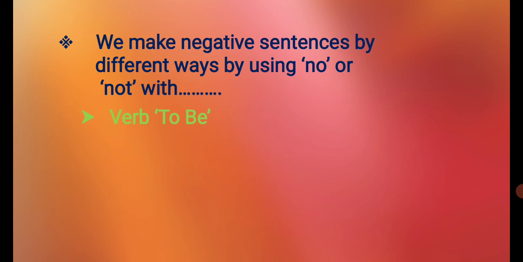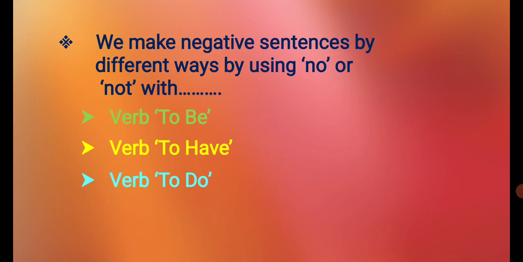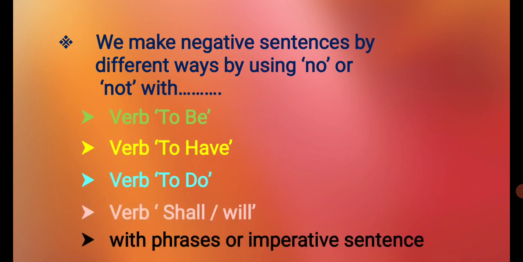We make a negative sentence by using no or not with verb to be, with verb to have, with verb to do, with verb shall, will, and we can say with phrases. Phrases means small sentences, or we can say it is a kind of imperative sentence. So these are the verbs we use no or not with to make a sentence negative.